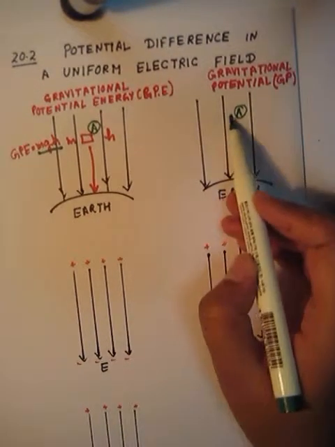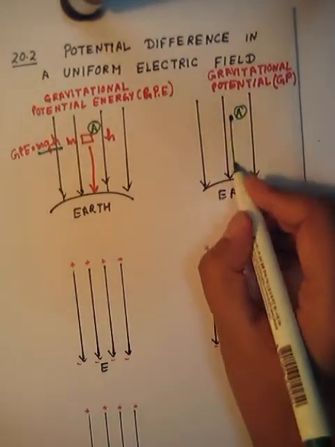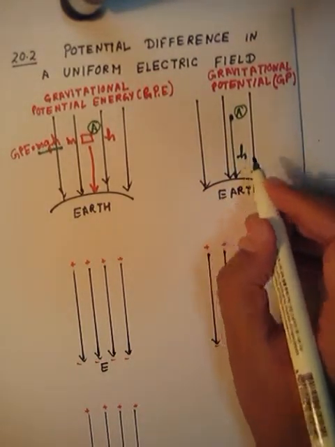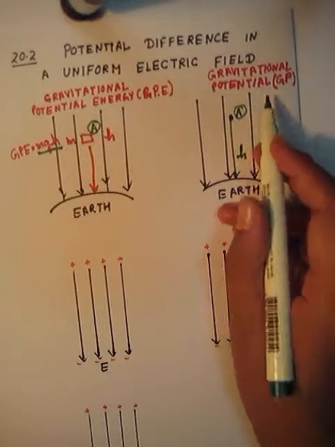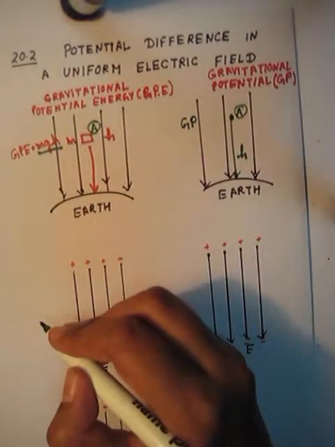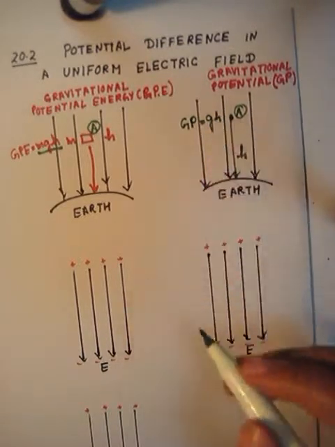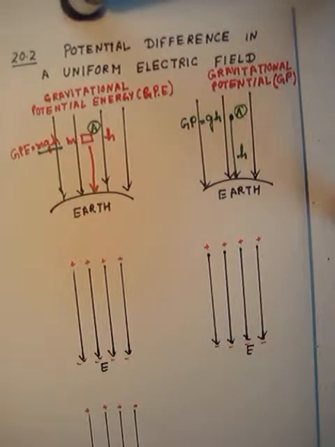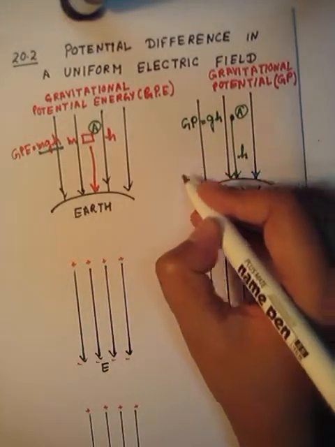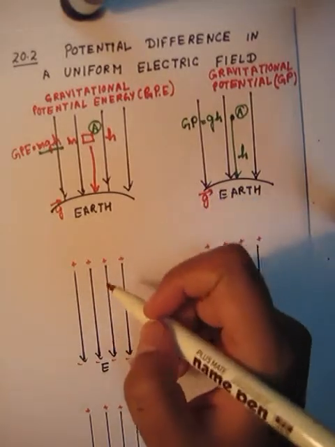But if there is no mass, still at this point, which is at a height h from the earth, there is a potential, which is called the gravitational potential, given by g into h, because the gravitational field is given by g vector here and here.